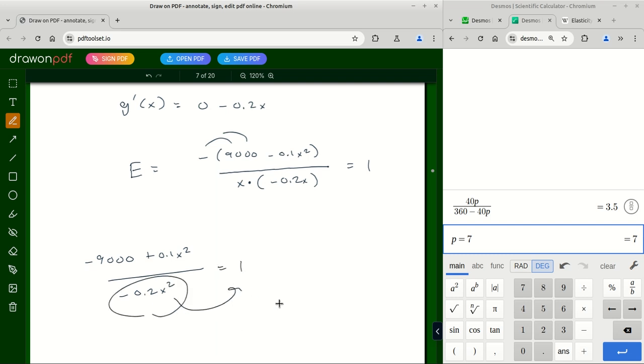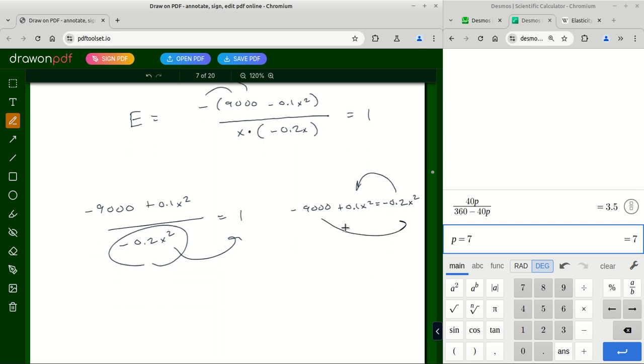I'm going to take this and move it over, so now I've got no more fractions. That's nice. It's still negative over here because I'm multiplying it, not changing its sign. Notice that these are almost the same thing, so I'm going to move this over and move this over.